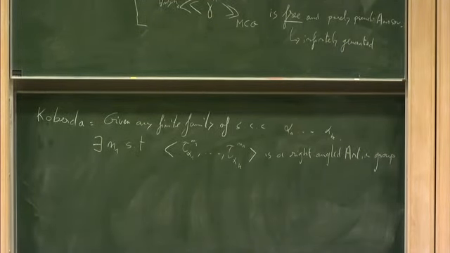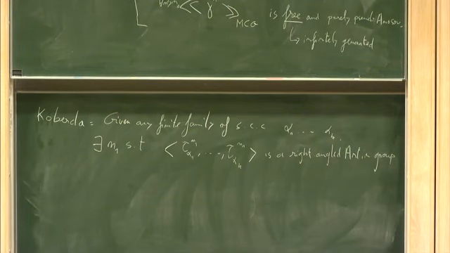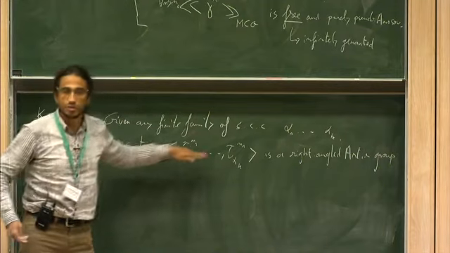What do I mean by that? Right-angled Artin group means you have a family of generators and relations that some selected pairs of these generators commute. And that's it.